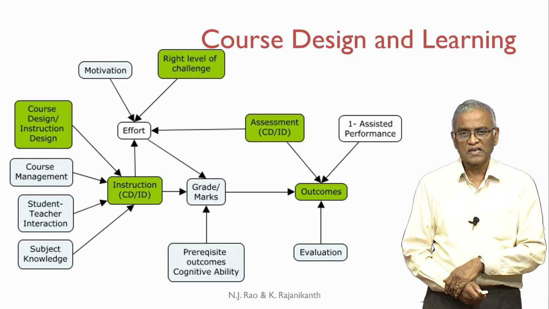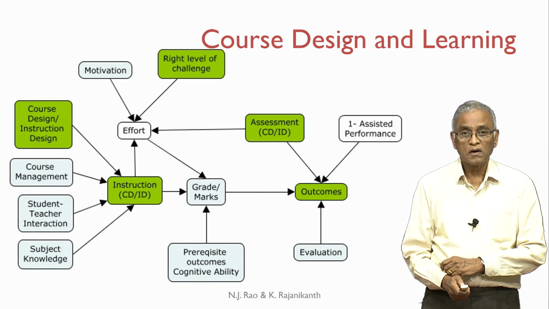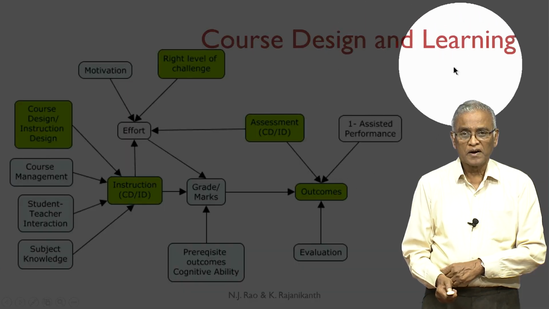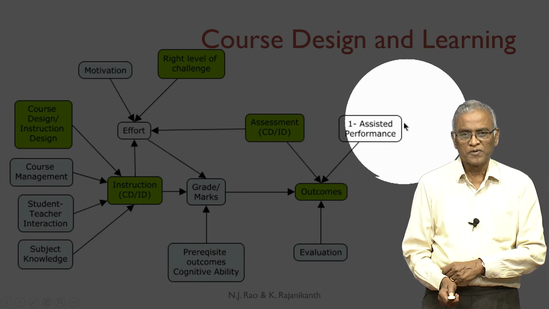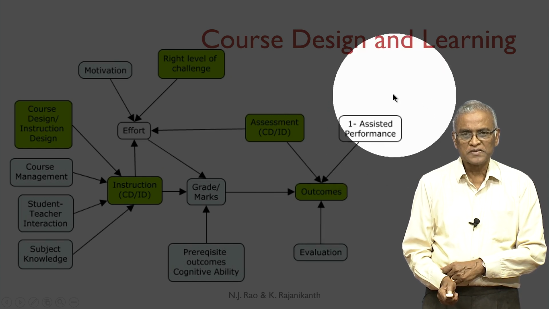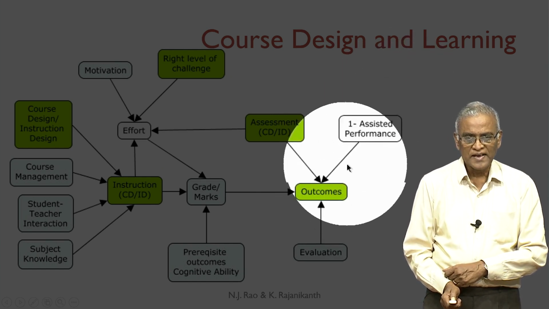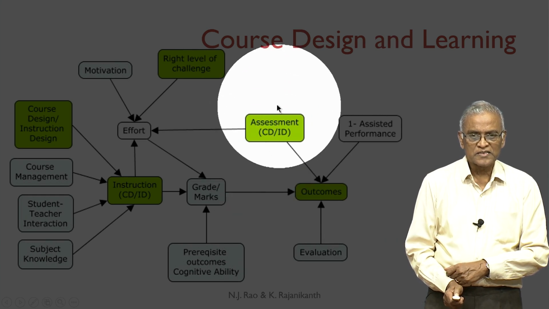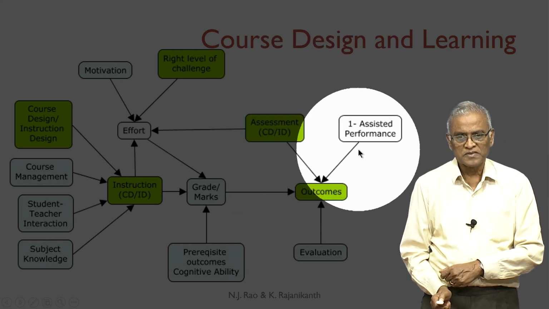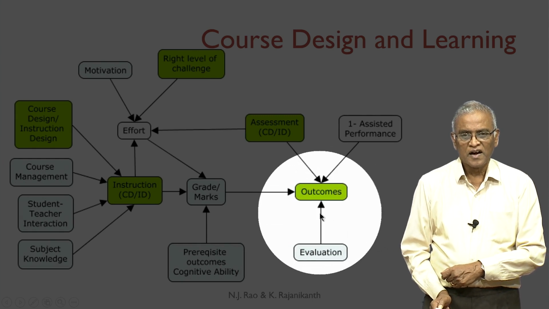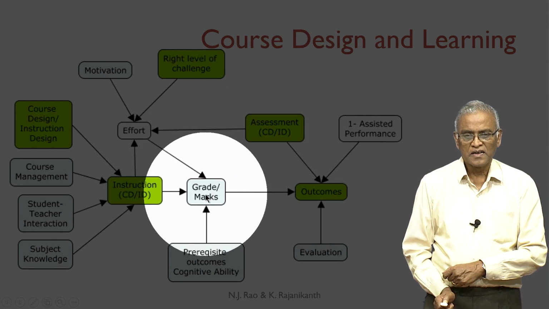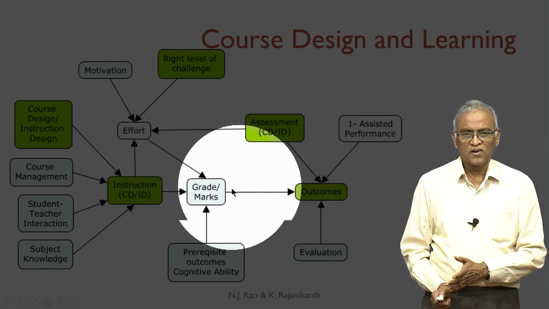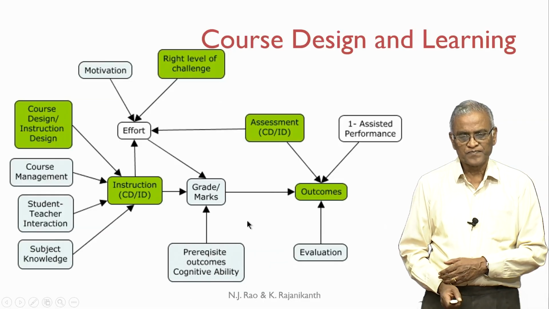If all such things happen, I am calling it assisted performance. If 1 minus assisted performance is equal to 1, that means assisted performance is 0, then if you have the right assessment, no assisted performance and right evaluation, outcome attainment and grades or marks are directly correlated or directly equivalent.